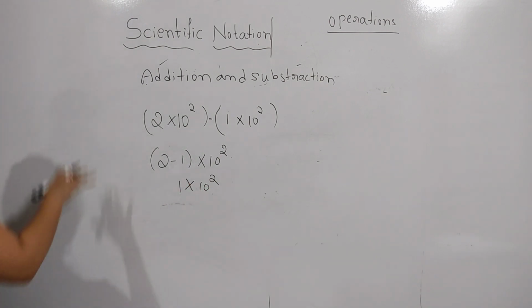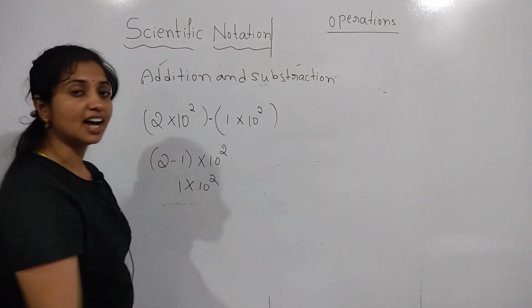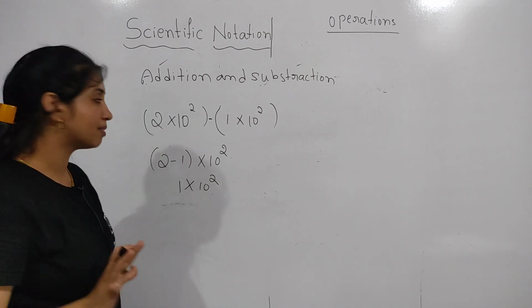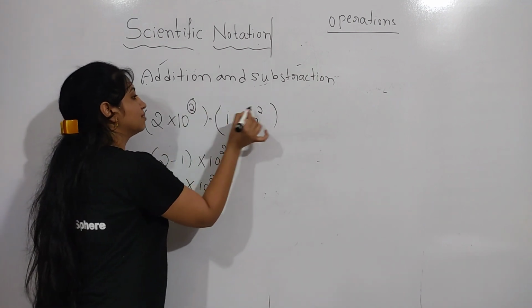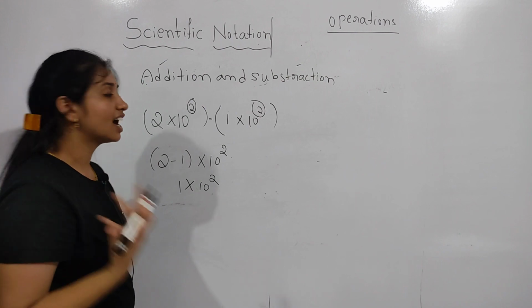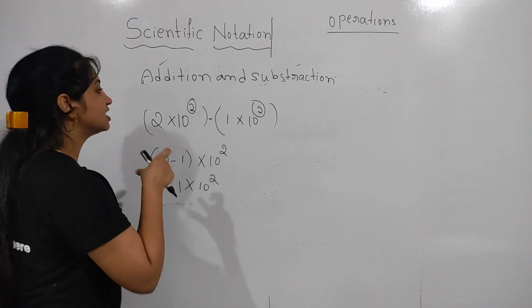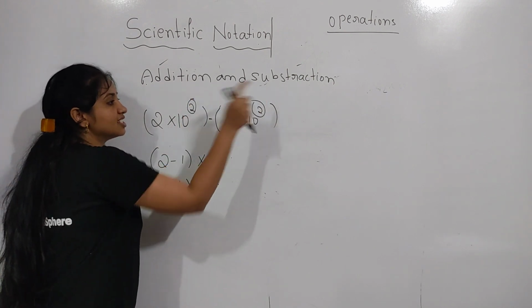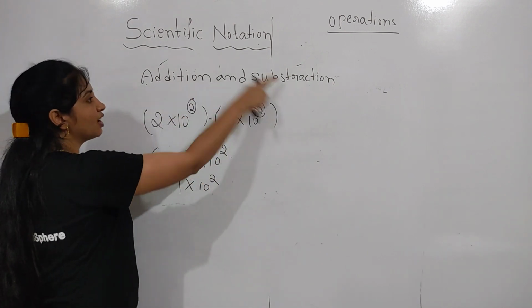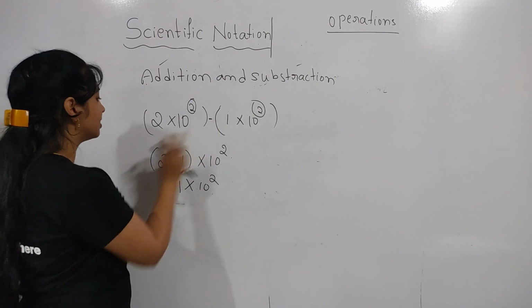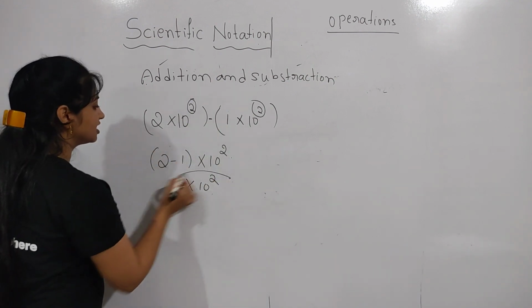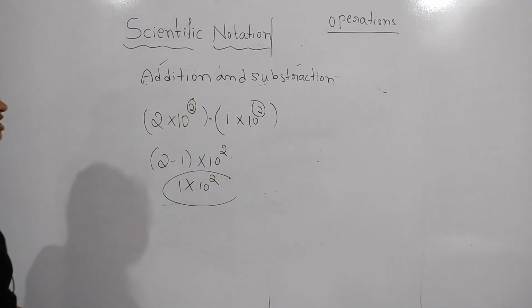So like this, in addition or subtraction, remember the exponents are the same. If they are not the same, you convert or replace the digits to make them the same, and then you add or subtract the main numbers. So this is about your subtraction operation.